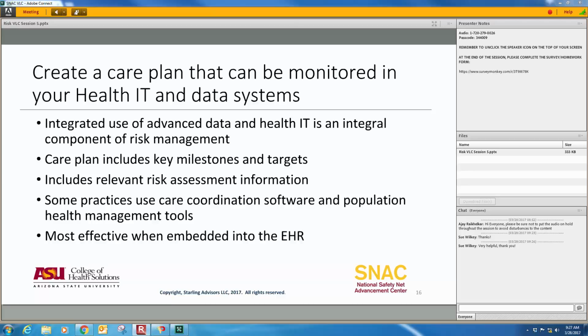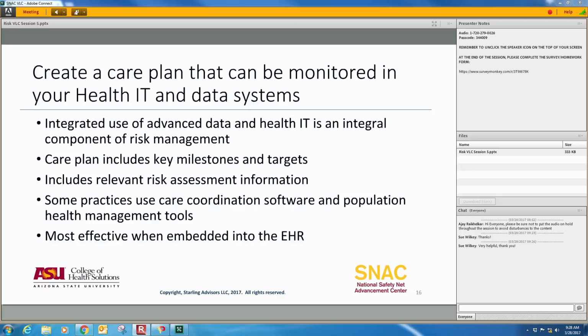Sometimes practices are using sophisticated technology tools to help them support this, like care coordination software or population health management tools. But sometimes they're quite literally just pulling things out of patient visits and the EHR and populating it onto a care plan.